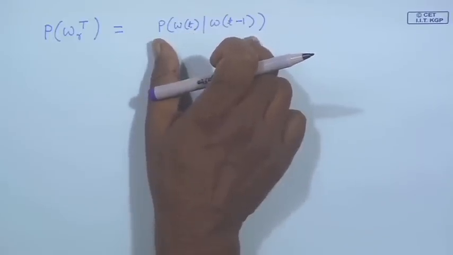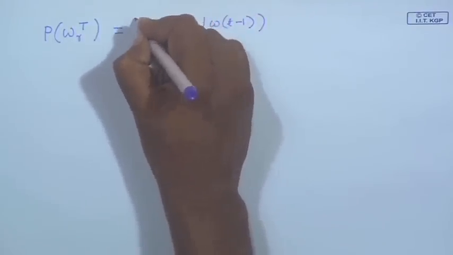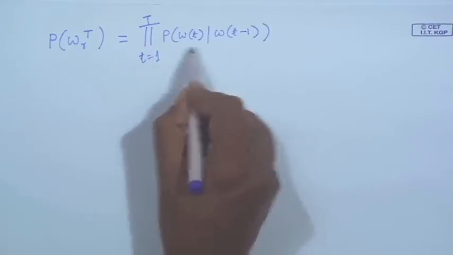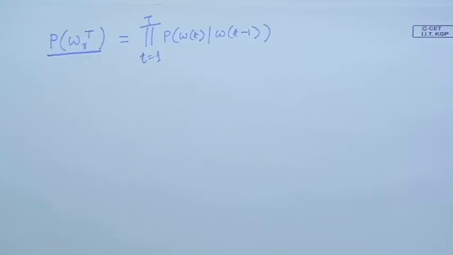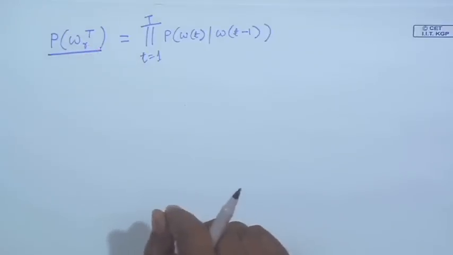For a particular sequence, I multiply these transition probabilities over t equal to 1 to capital T. That product gives the probability of a particular sequence of hidden states. So, P(omega_r^T) is nothing but the product of the transition probabilities from one state to another at consecutive time steps for this r-th sequence of hidden states.